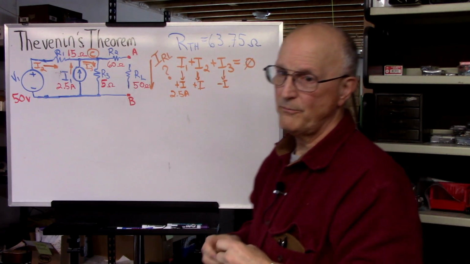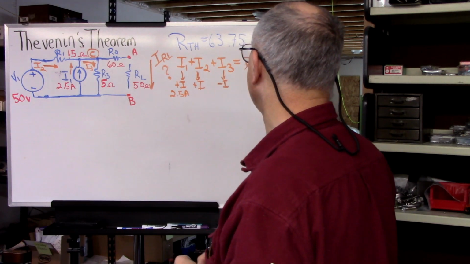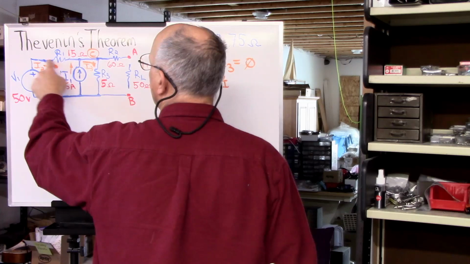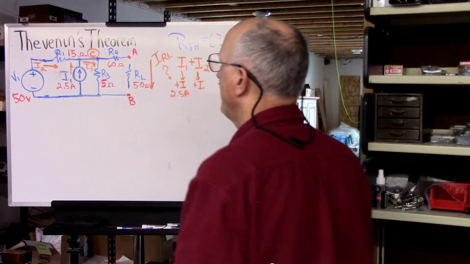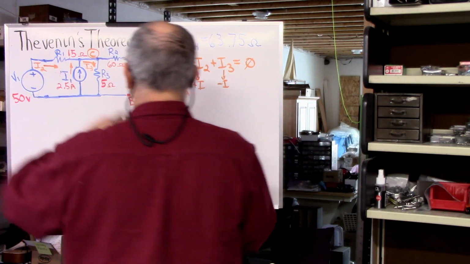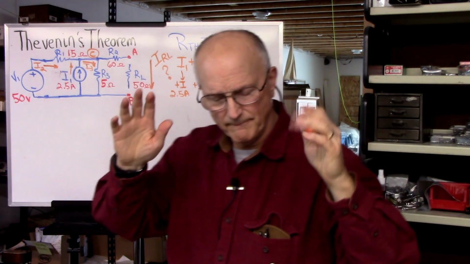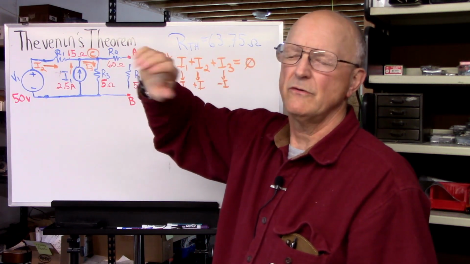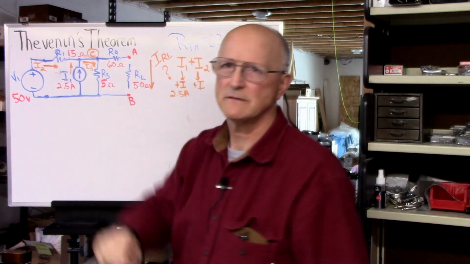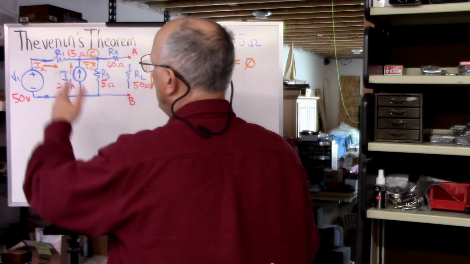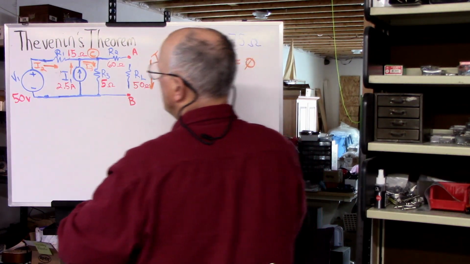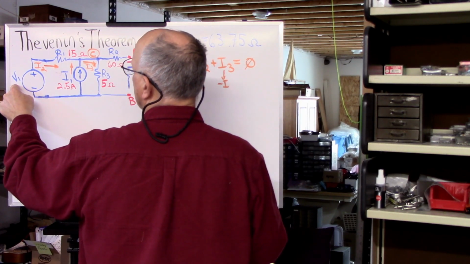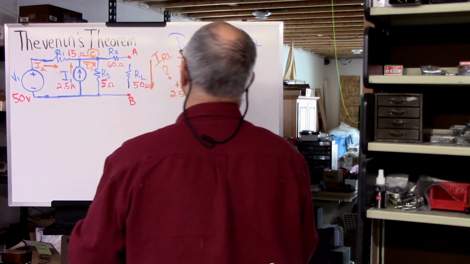Now, we need to apply Ohm's law for these other ones. Well, I2 is the current going through resistor R1. According to Ohm's law, remember, the current is equal to the voltage across the resistor divided by the resistance. What is the voltage across the resistor? The source voltage minus the voltage over here.